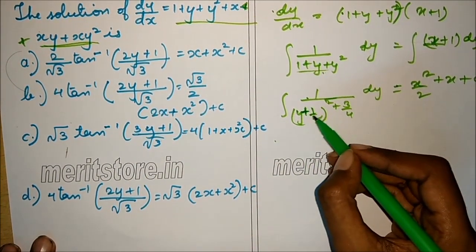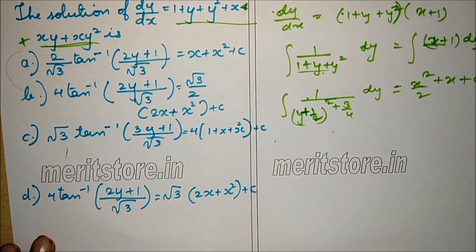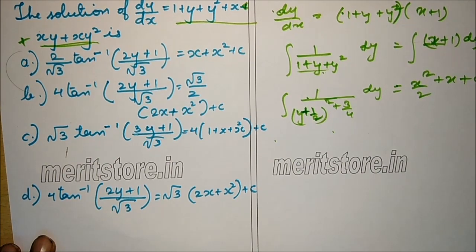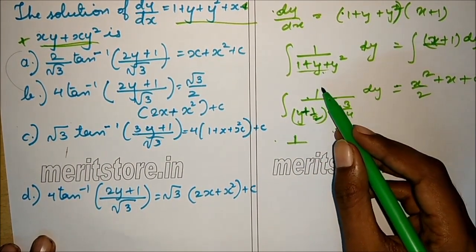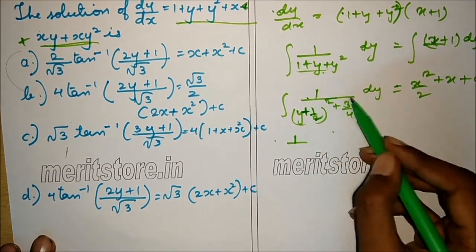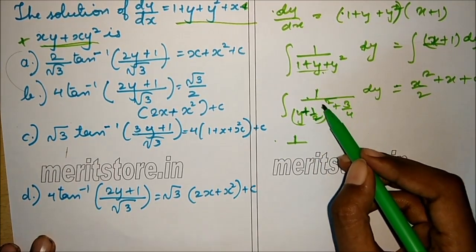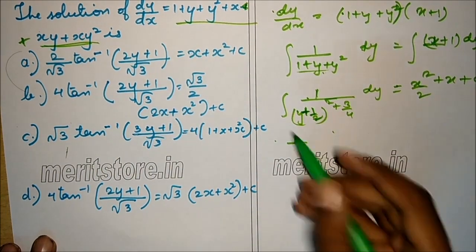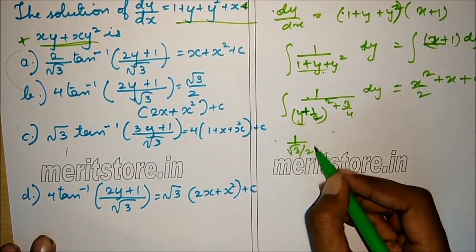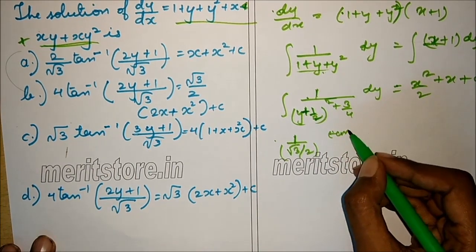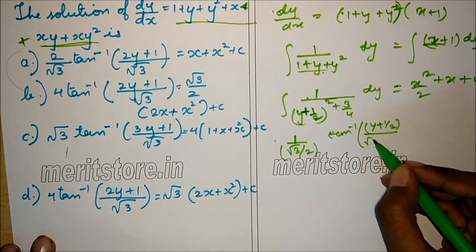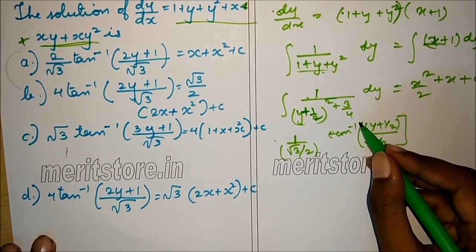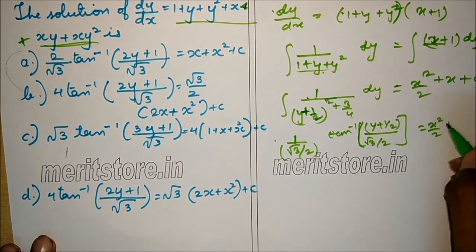So this is in the form of 1 by x square plus 1, integration of 1 by x square plus 1 is tan inverse of x. So here it is in the form of 1 by x square plus a square. So it will be 1 by root 3 by 2 into tan inverse of y plus half divided by root 3 by 2, and this is equal to x square by 2 plus x plus c.